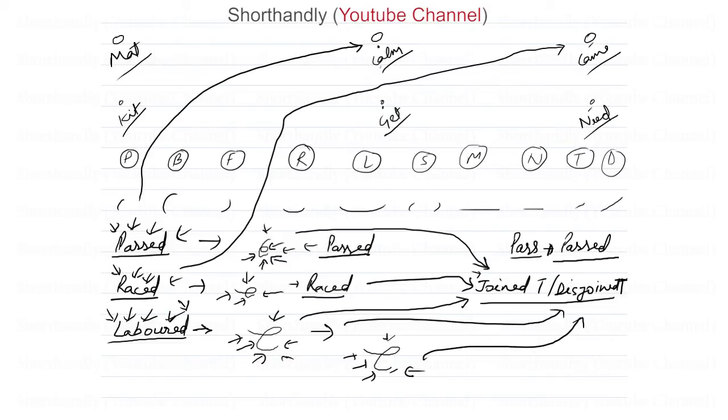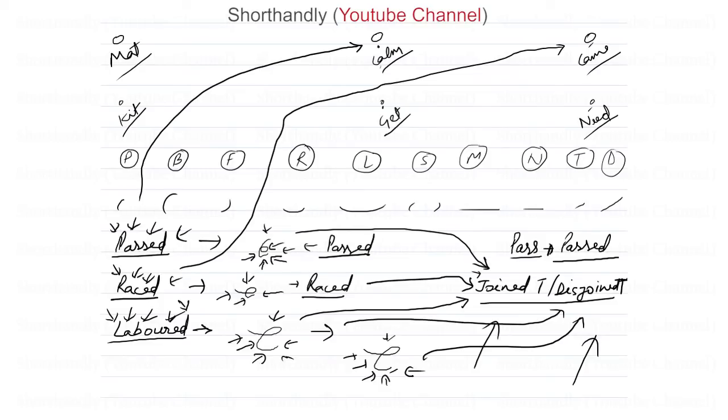T here is not attached to this R. So the simple concept is that you can use either joined T or disjoined T, but you have to keep one thing in mind: it should be easy to recognize where there is a T, because only then will you be able to know that here we have past tense.